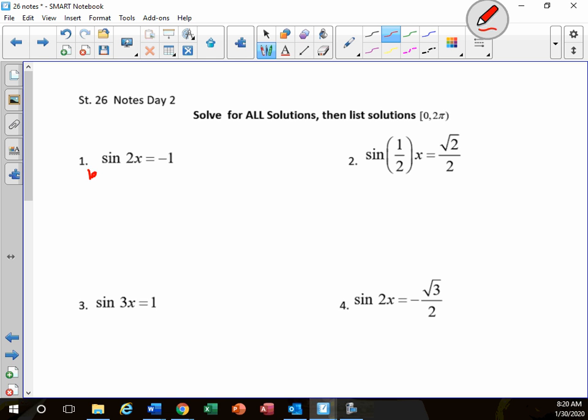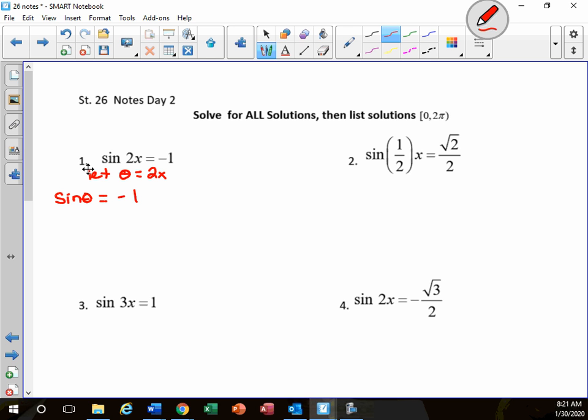First step, we are going to say let theta equal 2x. Okay, so that's going to make sine of theta equals -1. All right, can we answer that?